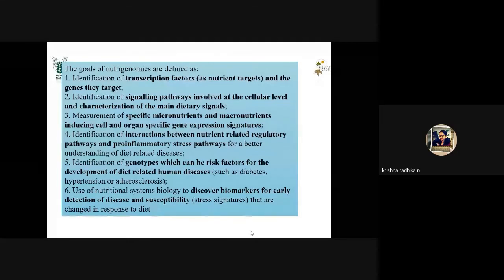Use of nutritional systems biology to discover biomarkers for early detection of disease and susceptibility is another goal.